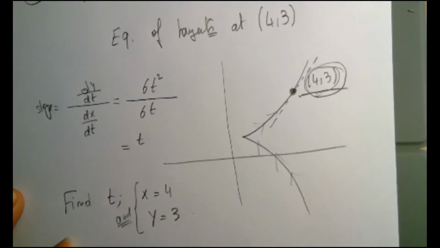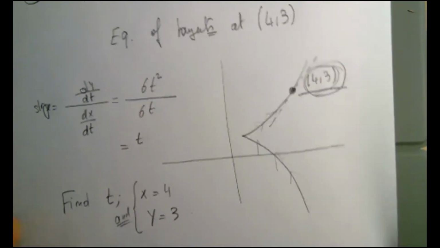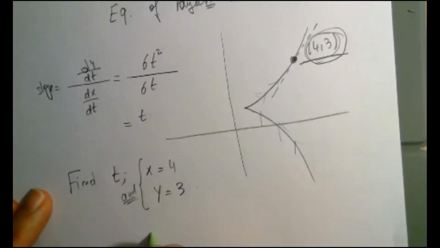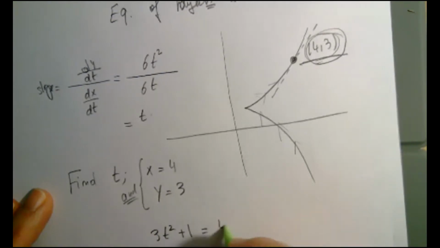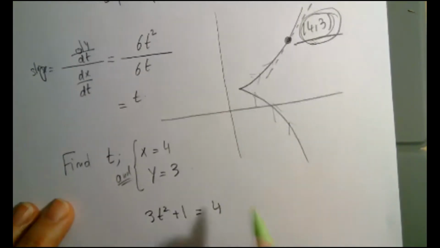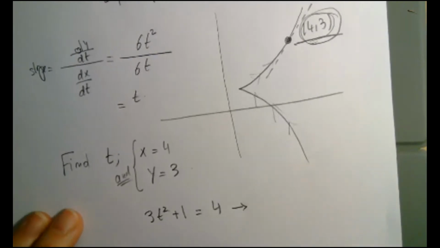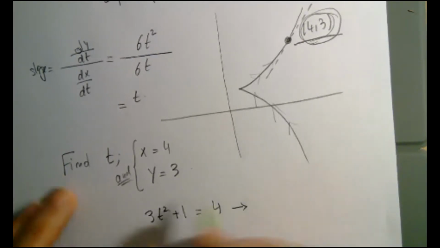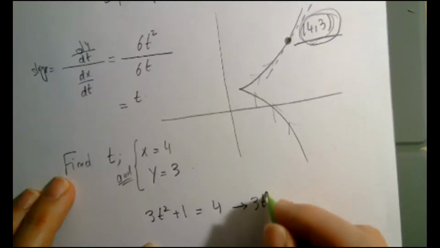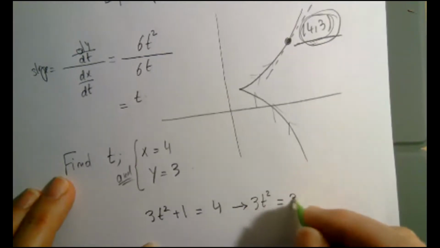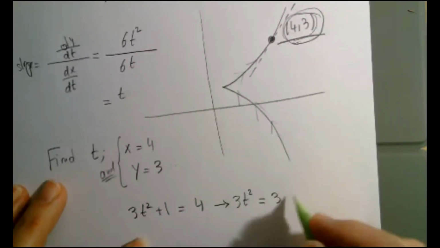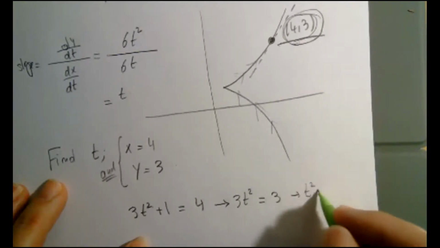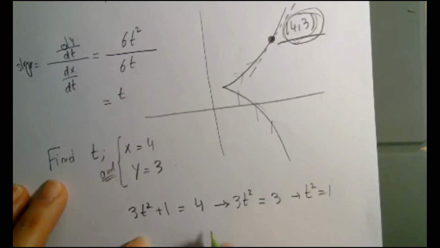So we need to solve for those. I want x to be 4, so 3t squared plus 1 equals 4. For which value of t does it occur? This gives 3t squared equal to 3, so t squared equals 1, which means t equals plus or minus 1.